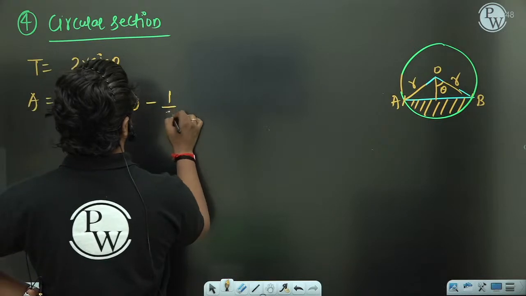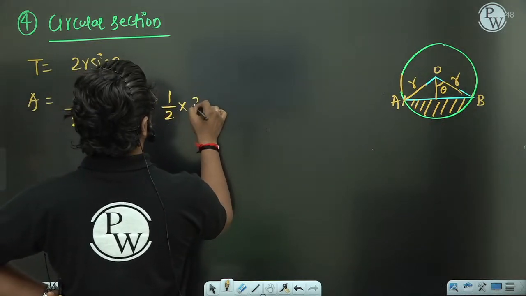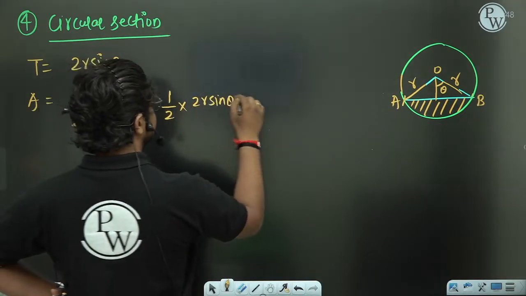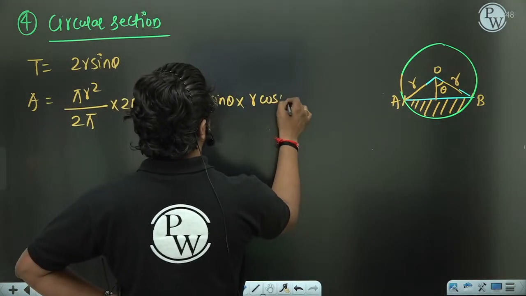Minus half into base into height. So 2r sin theta into r cos theta.